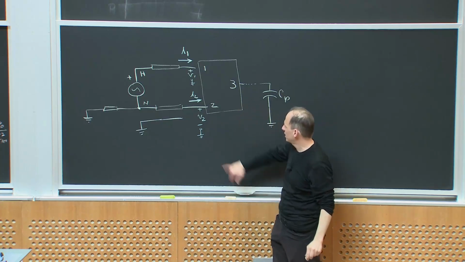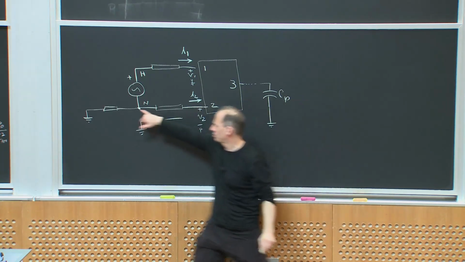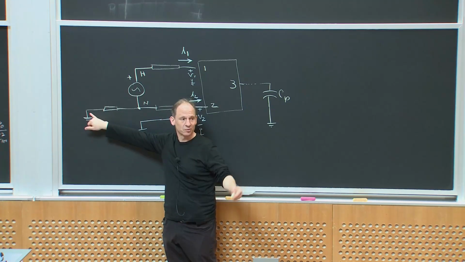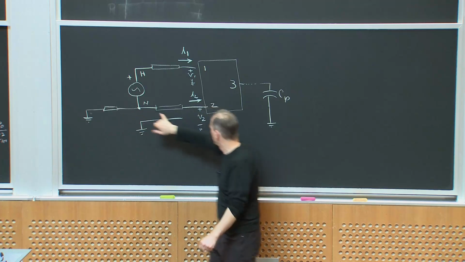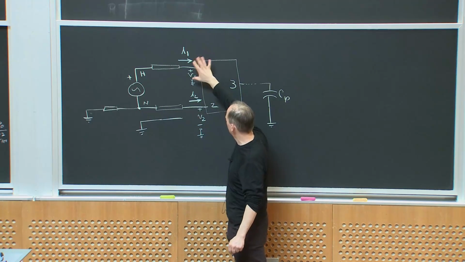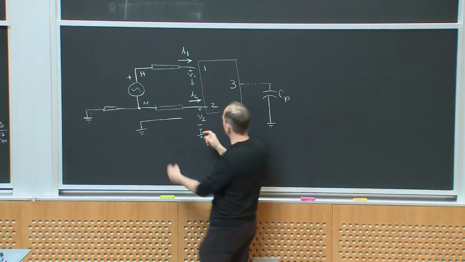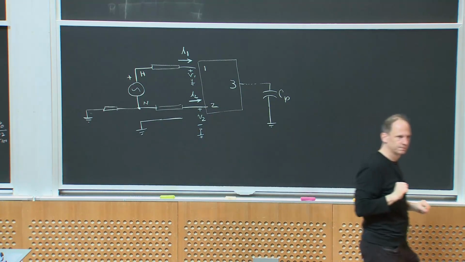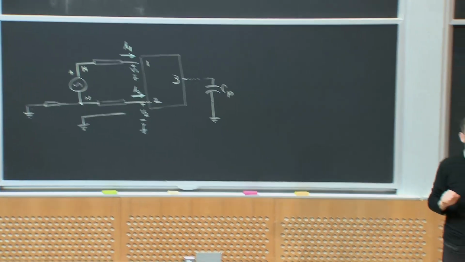I will recognize that V2 should be close to ground because, back through a bunch of wiring, it is tied to ground. But that's at DC, not necessarily otherwise, and even at DC there's some resistance there. So I can think about V1, V2, I1, and I2 as being the net currents flowing into my device. Any questions about that?